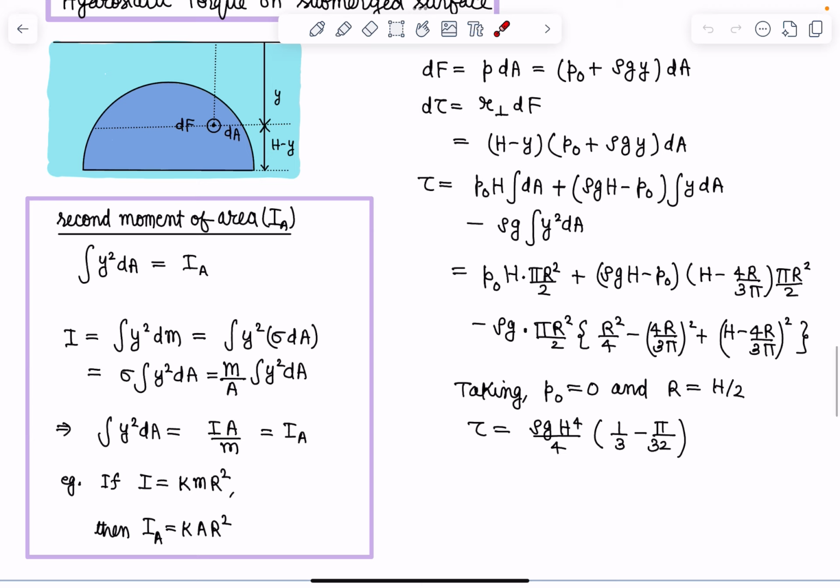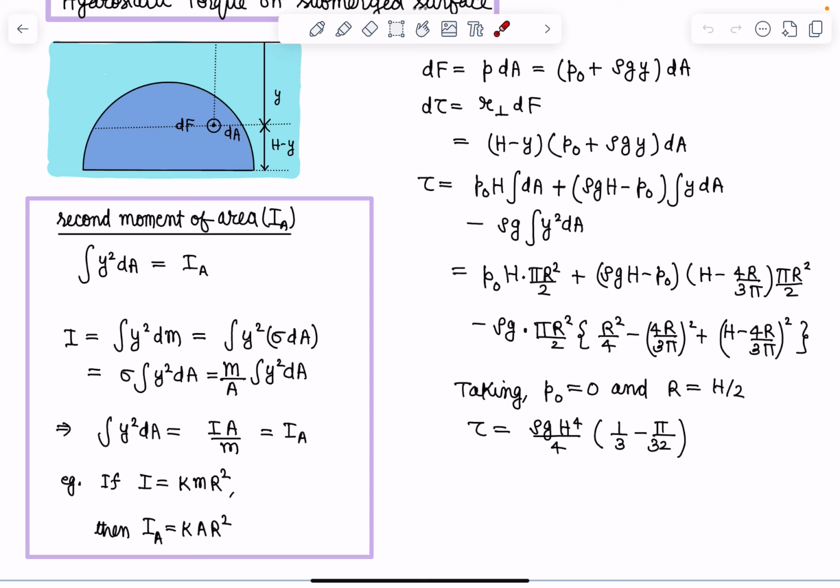This integral of y square dA, we know it as the second moment of area, and its symbol, let's say, is IA. I am defining this IA as the integral of y square dA, and this kind of integration we have also done earlier, when we were finding the moment of inertia of a lamina.